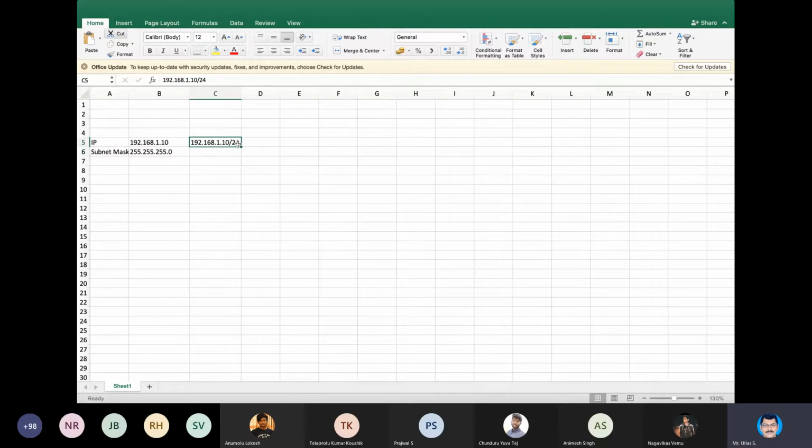Okay. So /24 means 24 ones are there in the subnet mask, or rather 24 bits are there in the network address. 24 bits represents network address, and remaining 8 bits. Total you have 32 bits, no? So 8 bits represent host address. That's what the meaning of this basically. Okay.